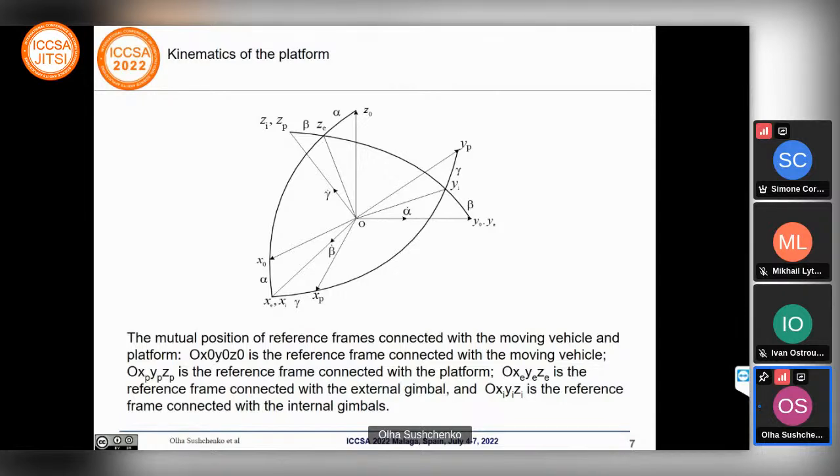You can see here the standard sequence of turns of the platform in 3 directions. And of course, it's necessary to take into consideration all transformations of reference frames. There are 3 basic reference frames here, connected with the platform and connected with internal and external frames of the gimbals.